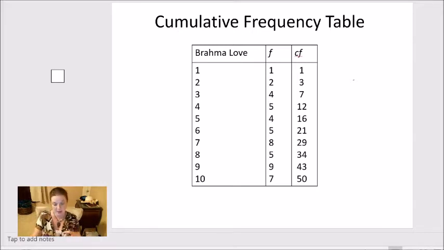So there appear to be, again, more people in these upper ranges of the distribution, because I don't reach half of the folks until I get to 7, a score of 7. It allows you to identify these sort of breaking points.